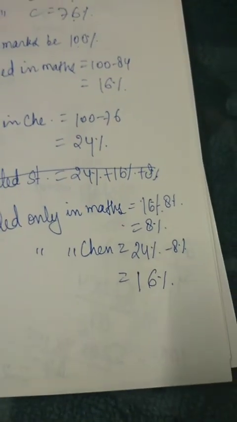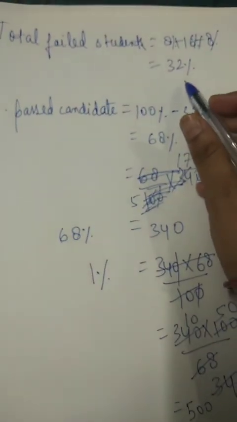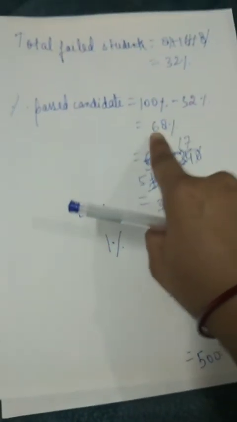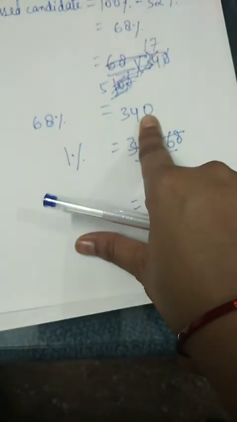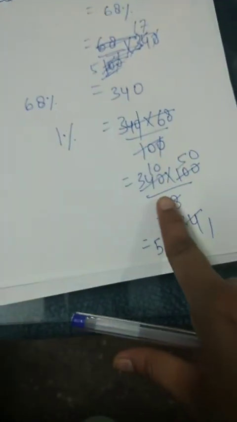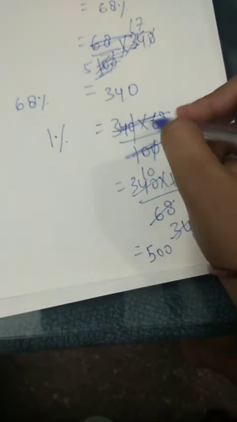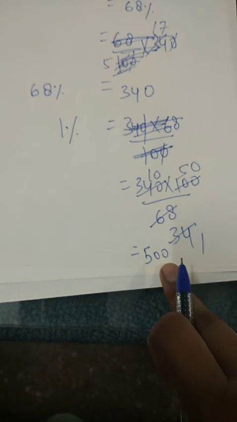So failed only in maths will be 8% and only in chemistry is 16%. And then you will find total number of failed students, which is 32%, and from 100% you will find the passed candidates, and then you will equate this value because 68% is equal to 340, and for 1% it will be equal to, just cancel this, which is equal to 500.